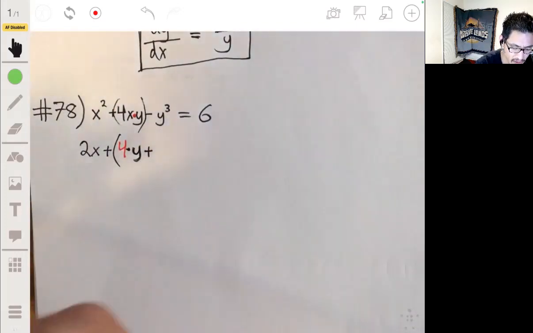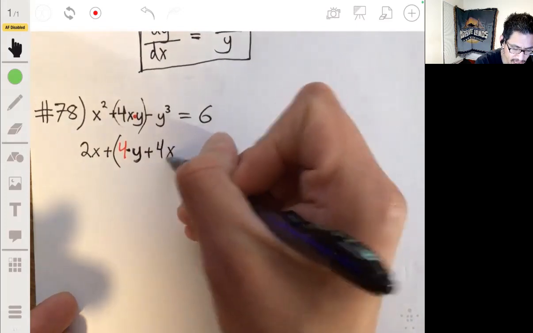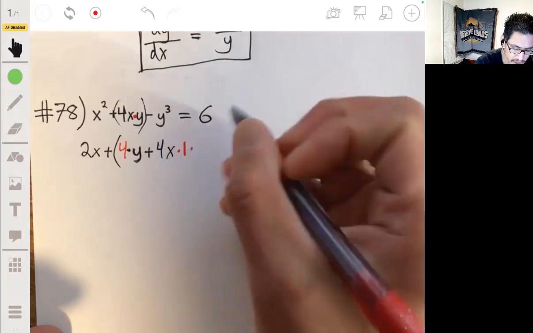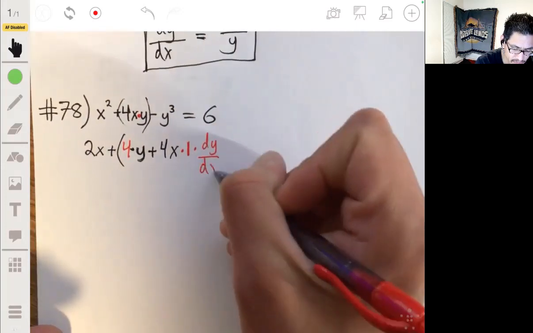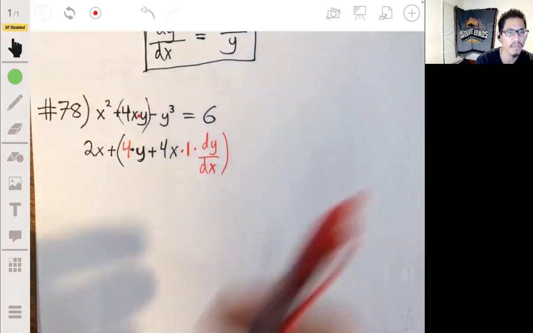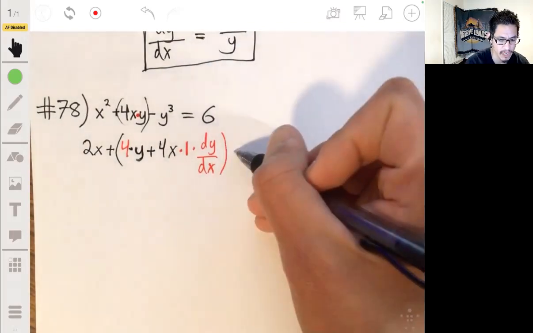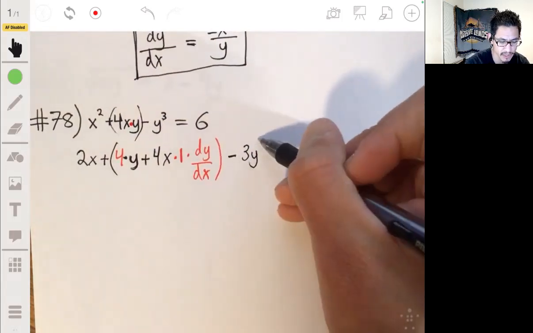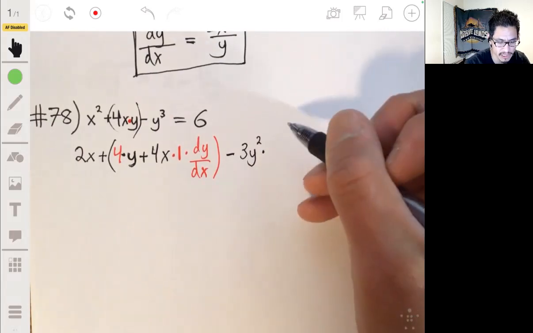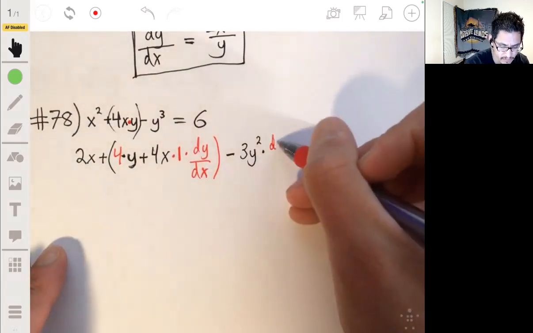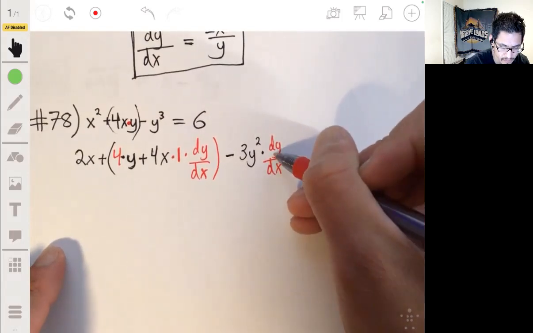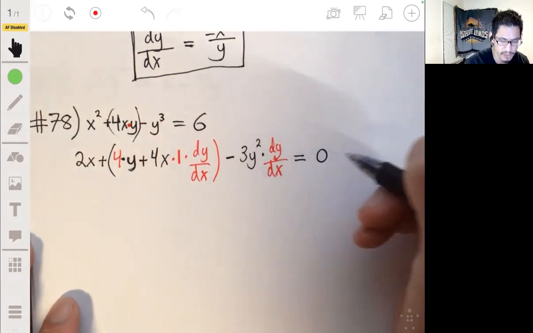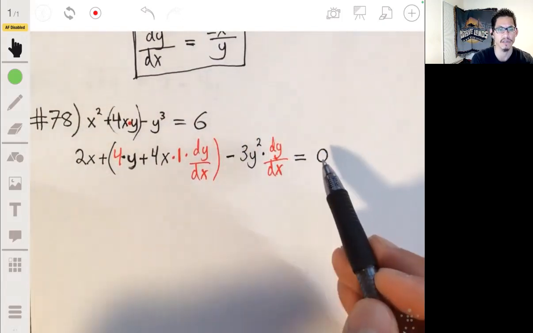Then we add 4x, and then we multiply by the derivative of y, which is just 1, but also multiply by dy/dx. Minus the derivative of y cubed, which will just be 3y squared, but again, multiplied by dy/dx. Which will be equal to the derivative of 6, which is just 0.